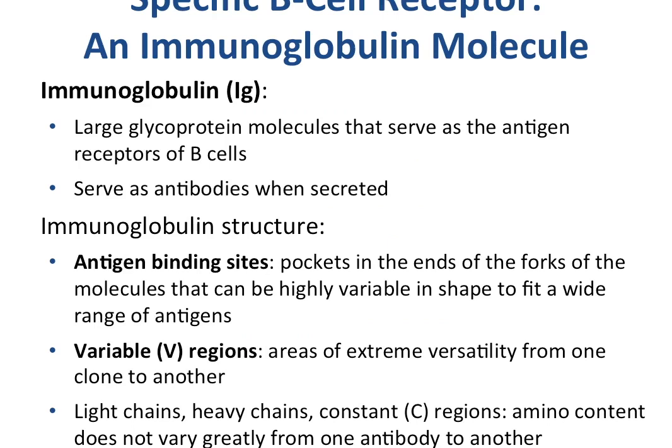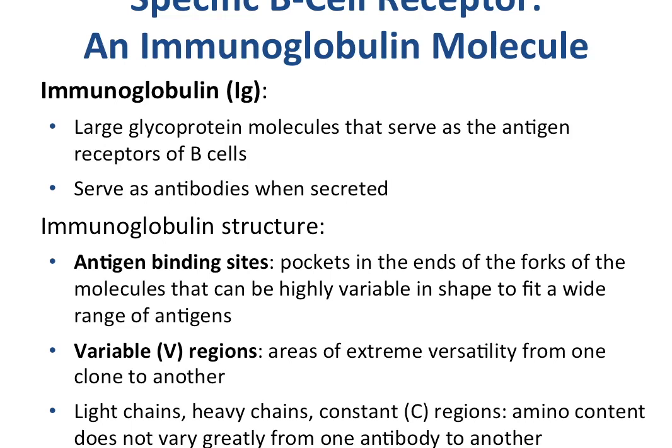For example, let's talk about the BCR, the B cell receptor. This is an immunoglobulin, a large glycoprotein that serves as the antigen receptor. The immunoglobulin contains an antigen binding site and a variable region.